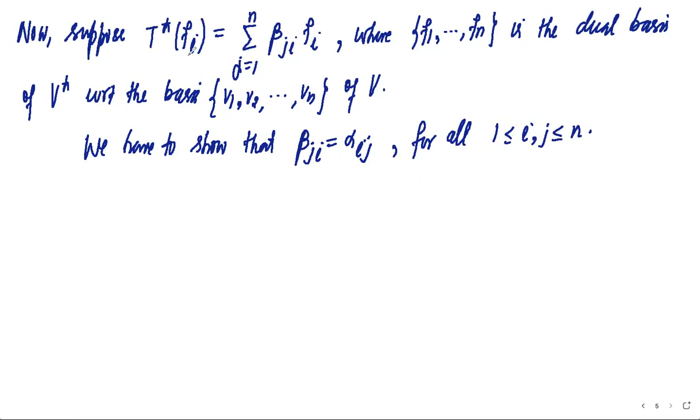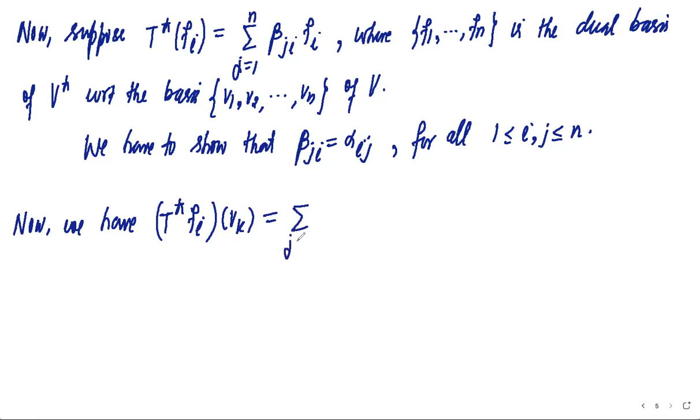Now let's see what we obtain from this equation. Now we will evaluate this T star Fi of Vk, where Vk is some element from the ordered basis beta of V. Now this by definition is equal to summation j from 1 to n beta ji Fj of Vk.